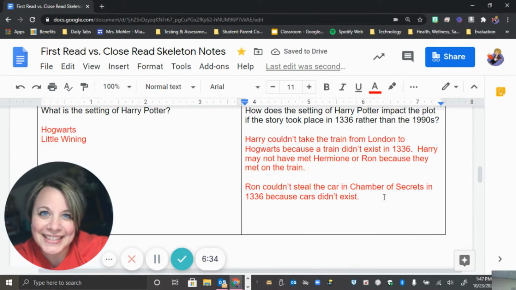So in Chamber of Secrets, without the car, first of all, there was no train to miss, so they wouldn't have needed the car, but they wouldn't have taken the car, which means they wouldn't have hit the Whomping Willow, which means they wouldn't have gotten in trouble, right? So it kind of sets this whole chain reaction into play. So the plot and the setting and the characters are never separate, okay? And when you change one, you automatically change the others.